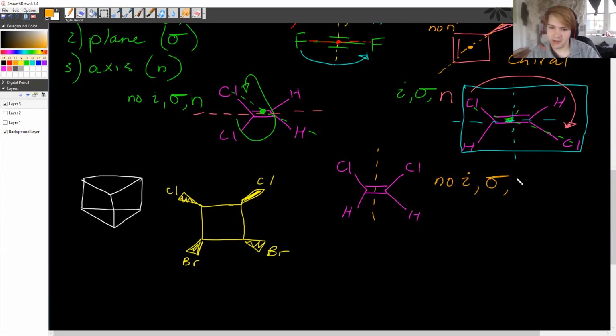It does have a plane and it does have rotation, because if I take it and flip it like a pancake, this maps onto that. And then boom.